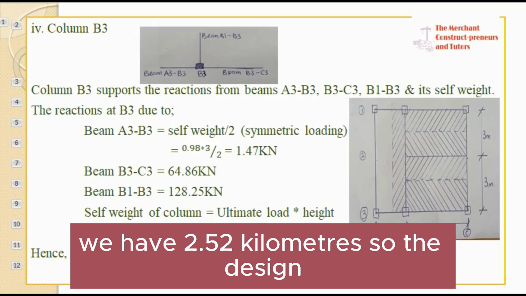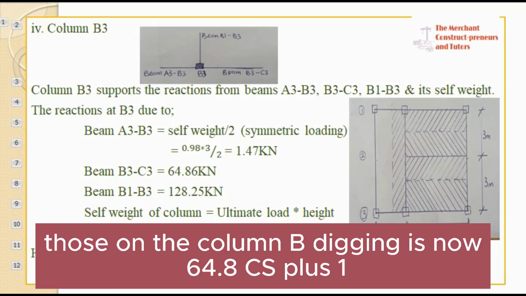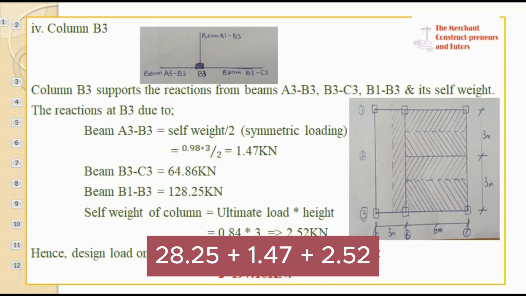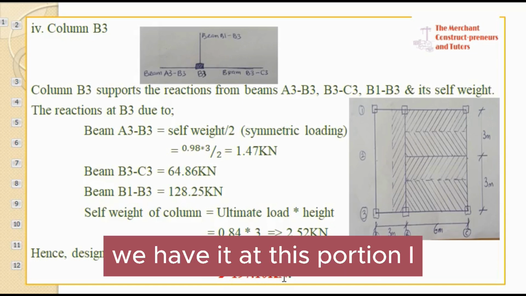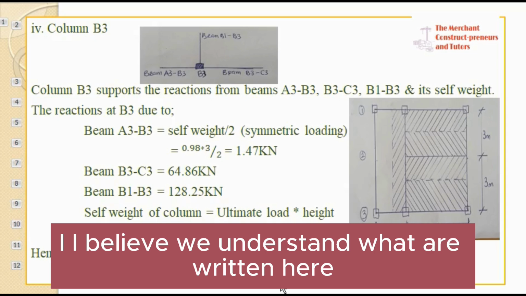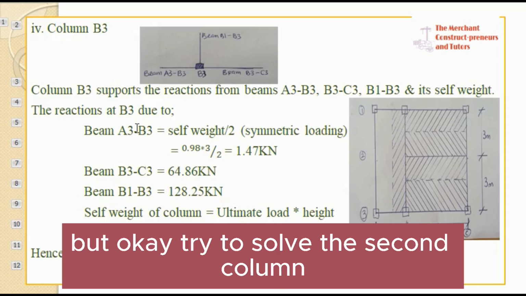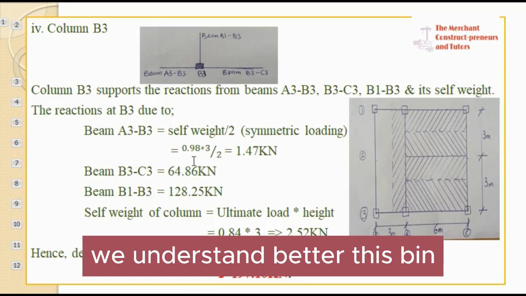So the design load on the column B3 is now 64.86 plus 128.25 plus 1.47 plus 2.52. We have it as this portion. I believe we understand what I have written here, but let's solve the second column so we understand better.